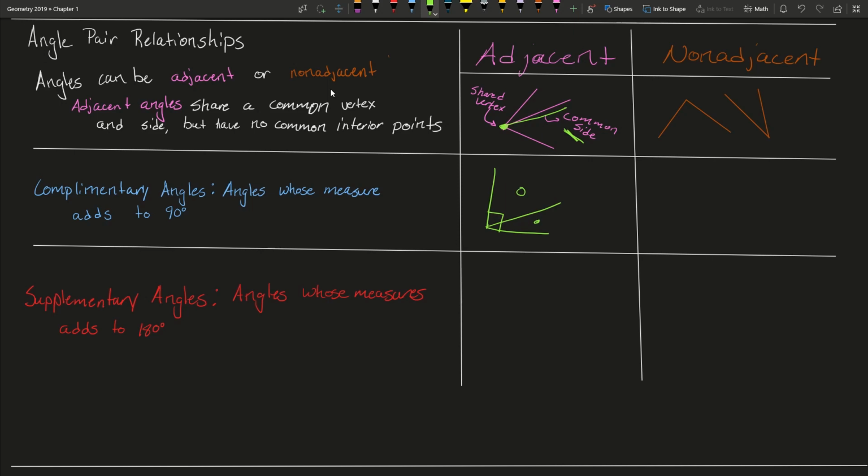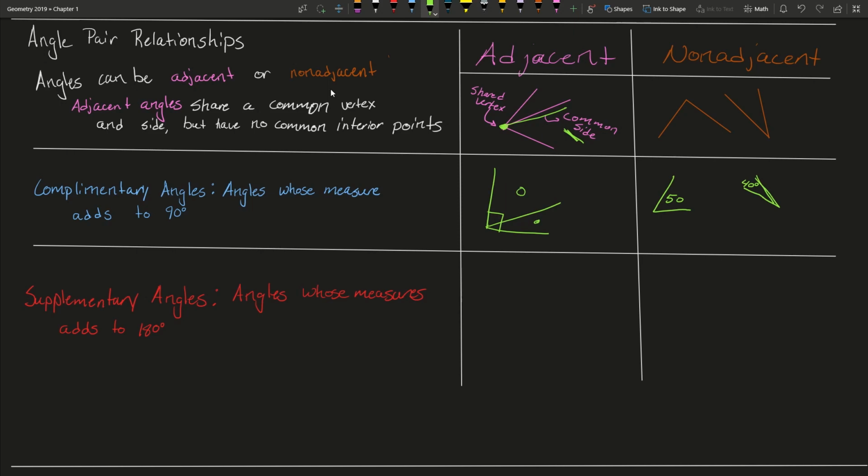Non-adjacent angles can also be complementary. So let's say this is 50 degrees and this angle right here is 40 degrees. The sum of those two angles adds up to 90 degrees, so they are complementary, even though they don't touch.